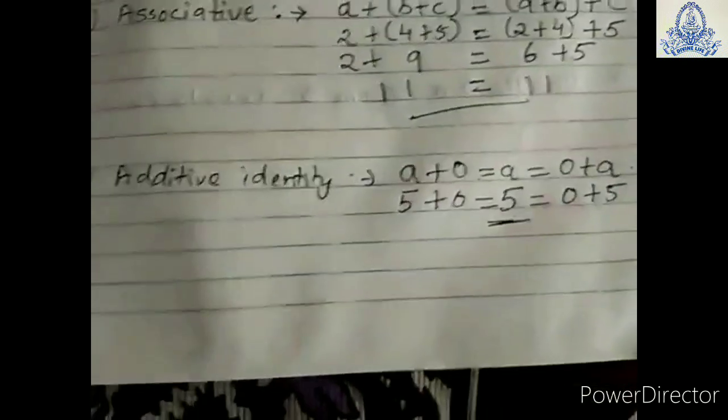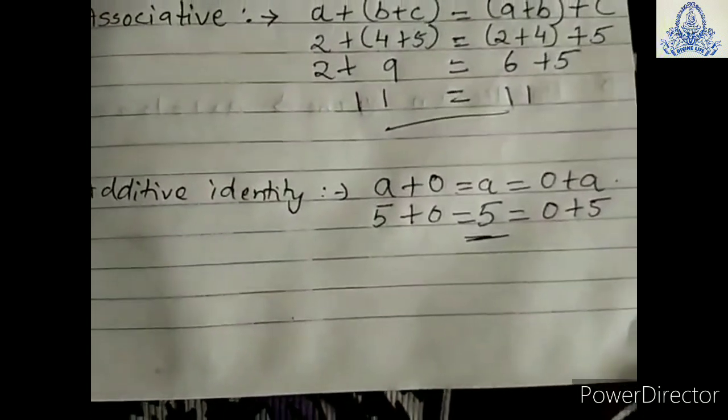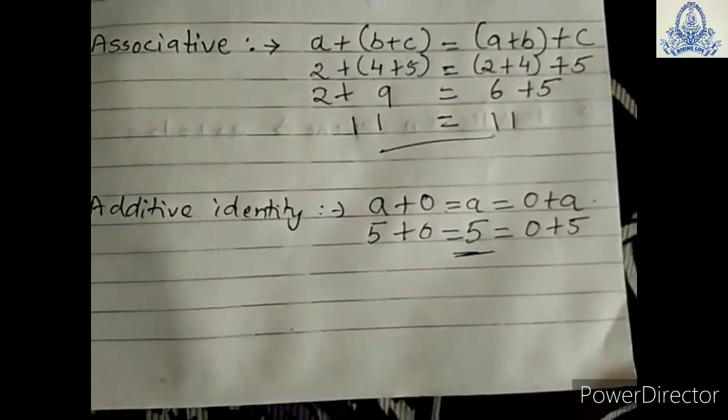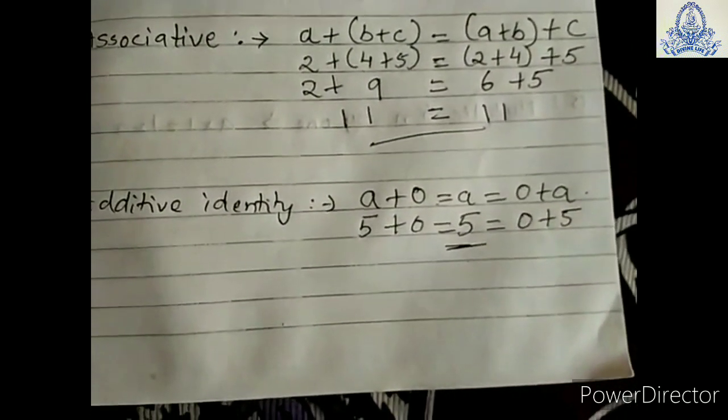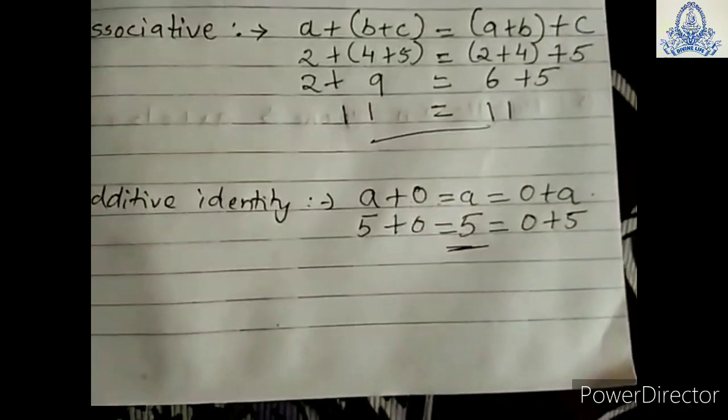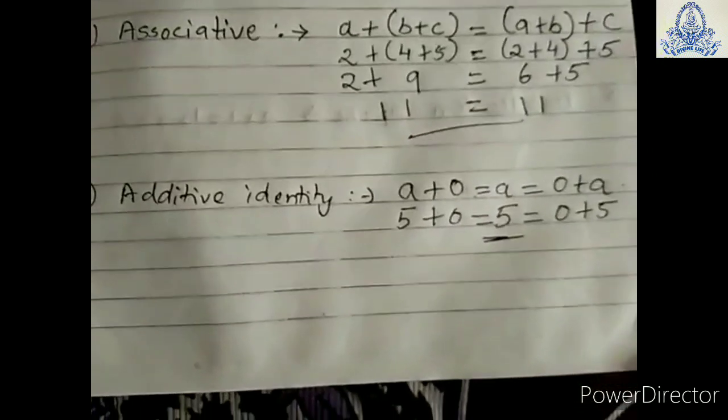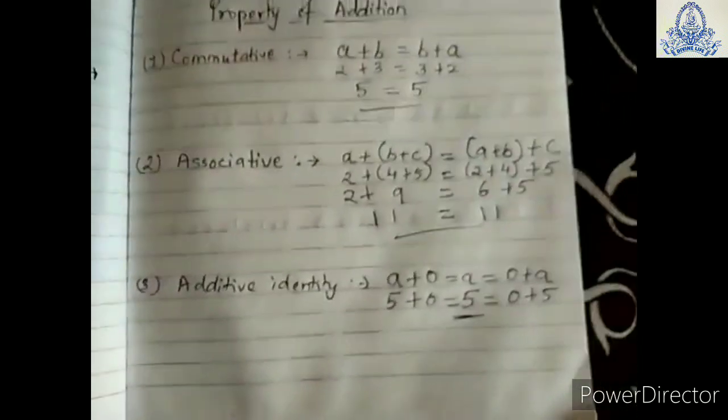So this is the additive identity of addition. Whichever number you have, if we add 0, we get the same number. This is known as the identity of addition.